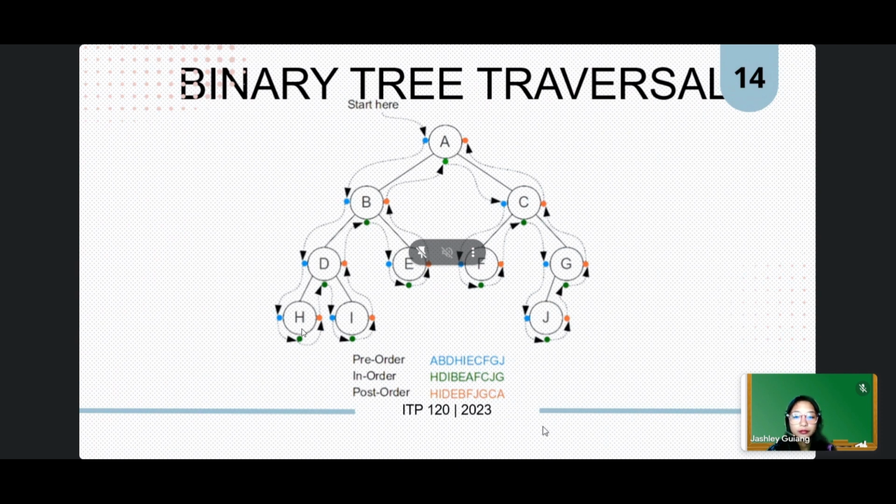We have H, I, D, because from the left it's H, I, D, E, and then B. Then after the left, we go right, we have F, J, G, C, and then the last is the root. So, this is the pattern of the traversal.